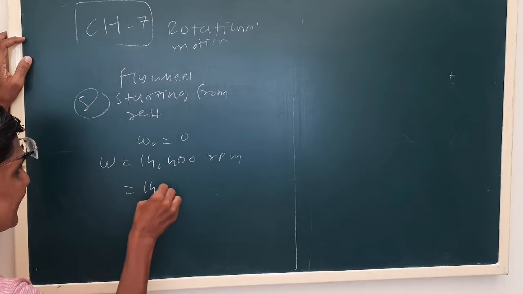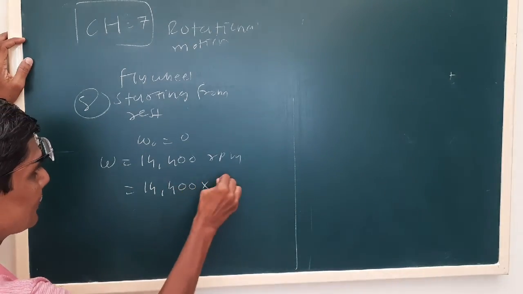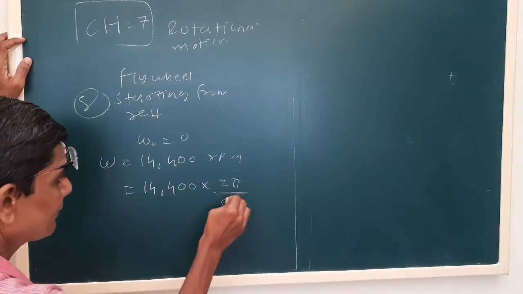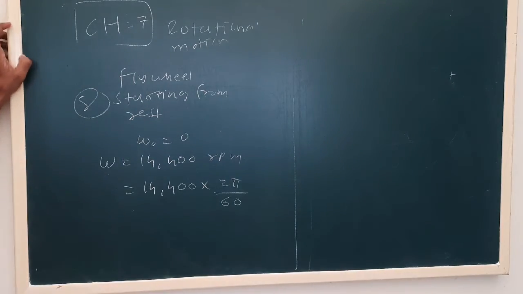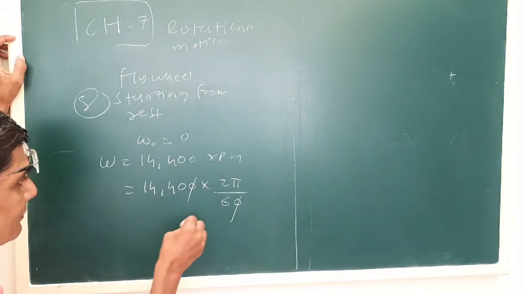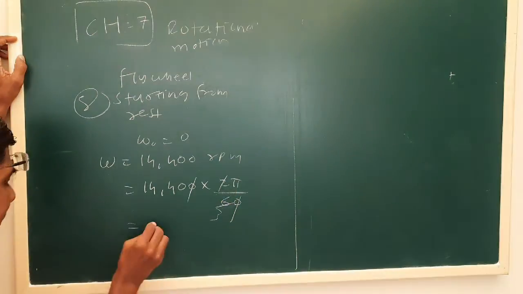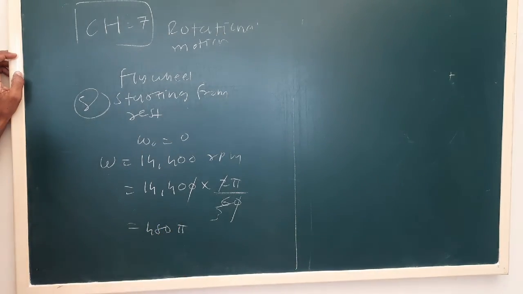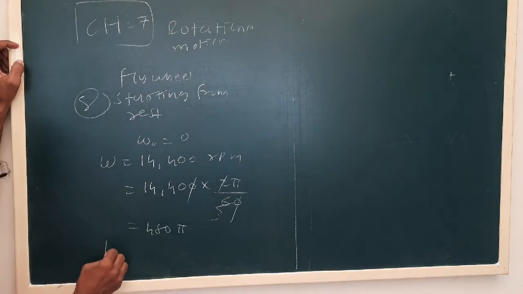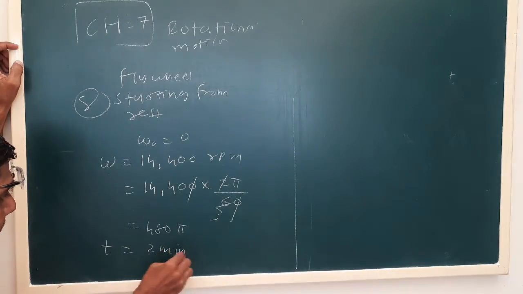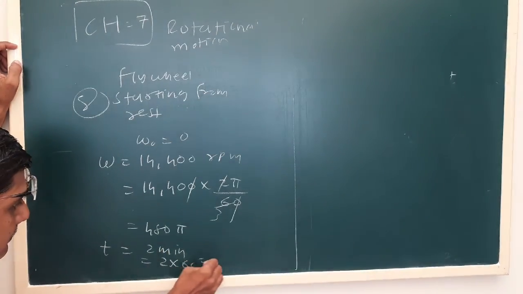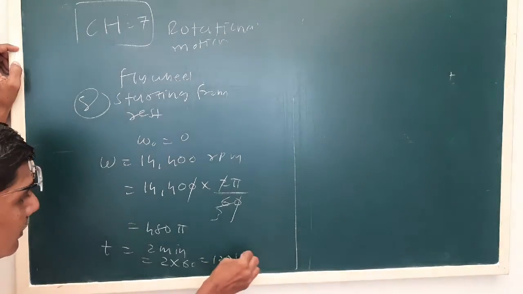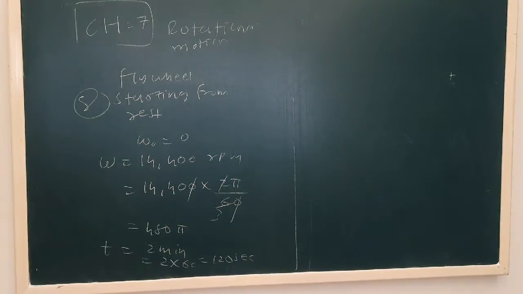So one revolution is 2 pi radian and minute we have to convert to seconds. Okay, 1 minute is 60 seconds. We can simplify. Okay, that turns out to be 480 pi. Okay, time interval given is 2 minutes, that is 120 seconds. What is the angular acceleration?